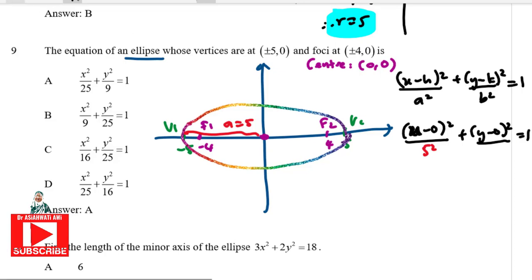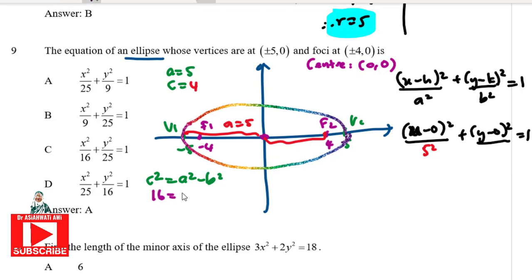To find b, use the formula c squared equals a squared minus b squared. a is equal to 5. From the given info, c is the distance from center to focus, which is 4.